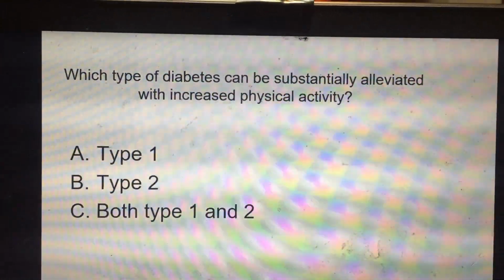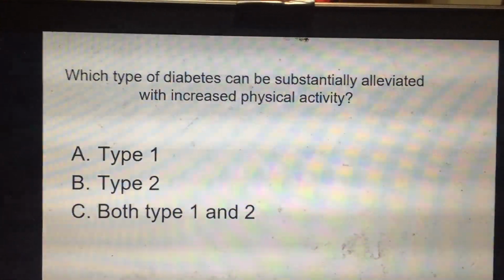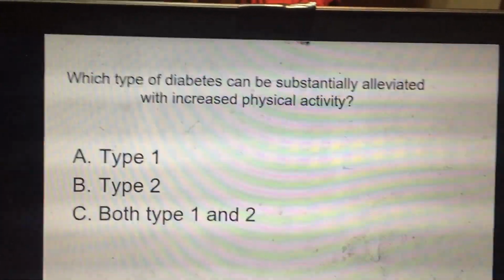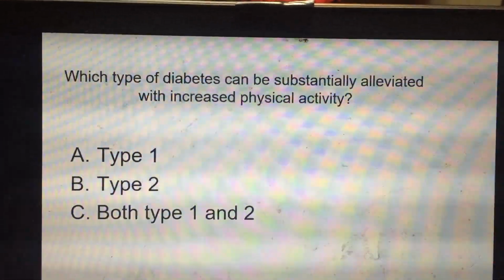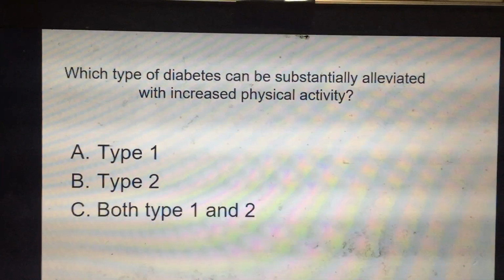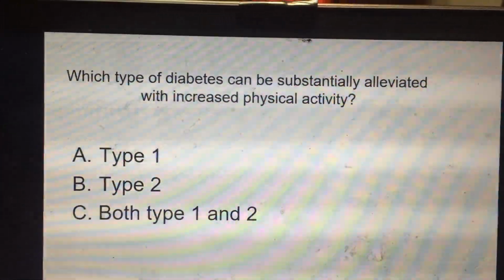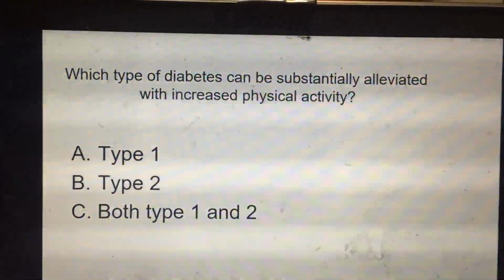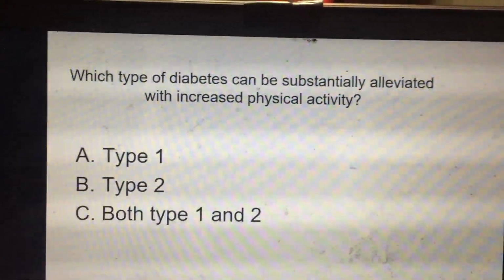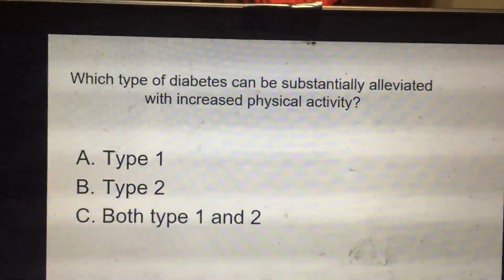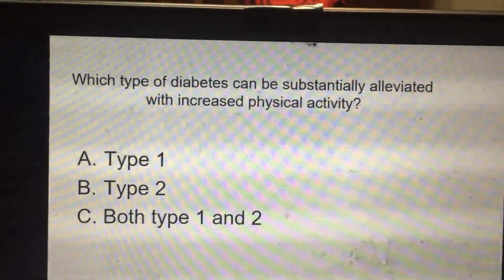So to a large degree, it can be reversed with an increase in physical activity. Type 1 diabetes cannot be reversed, but exercise is still highly recommended for type 1 diabetics because they are at an increased risk of cardiovascular disease. And if you're physically active, that will reduce your risk factors for cardiovascular disease.